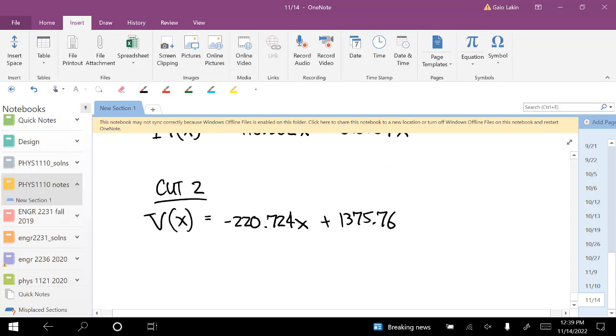Integrate that and you get that M of x is equal to negative 110.362 x squared plus 1375.76 x plus c.